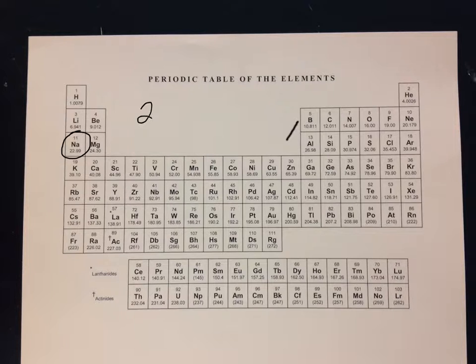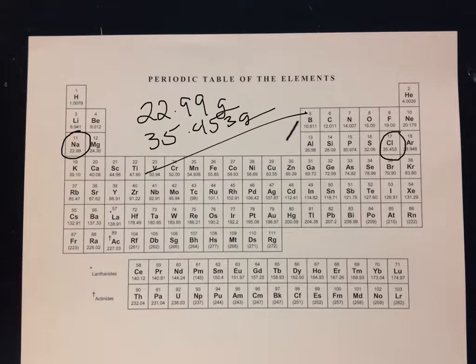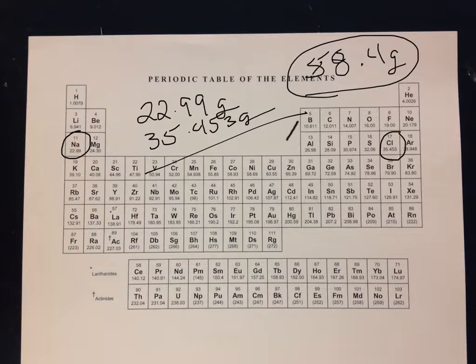And chlorine over here weighs 35.453 grams per mole. So when I add that, I would get 57, and you end up with about 58.4 grams per mole. I'm not going to go into the final details, but that's close enough that you can figure out the mass of 1 mole of sodium chloride.